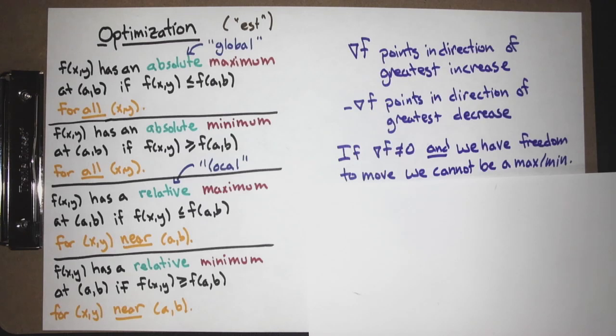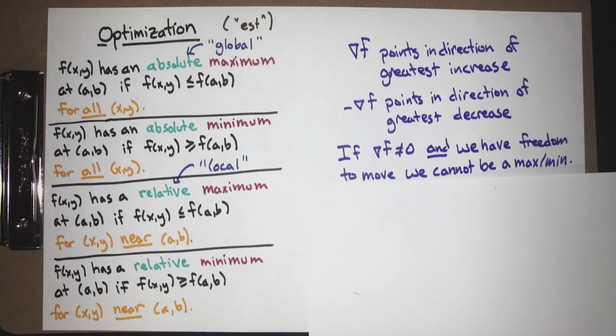So can we channel the same thing? What takes the place of derivative or slope? The gradient. The gradient points the way to go uphill as fast as possible. Negative the gradient points the way to go downhill as fast as possible.